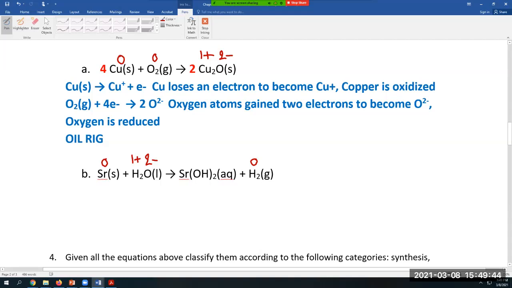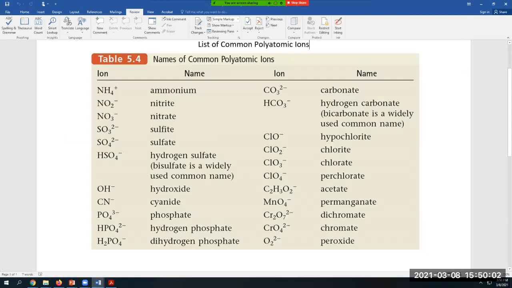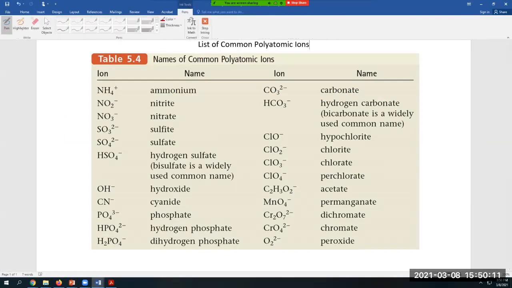And then in strontium hydroxide. So strontium hydroxide is an ionic compound. So we can find out what kind of ions we have in this compound. The hydroxide ion, hopefully you recognize it, it's one of these polyatomic ions, hydroxide, OH minus.